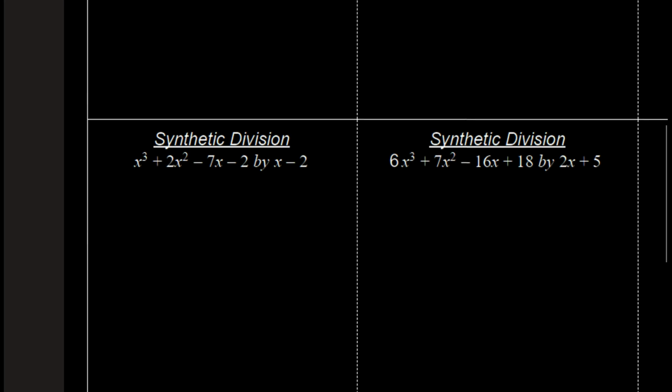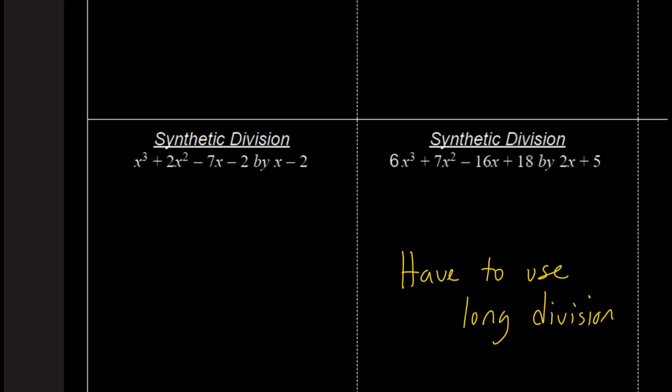The reason why we didn't lead with this is because synthetic division does not work on all division problems. For instance, I cannot use synthetic division on problem number 2. On this one, you have to use long division.